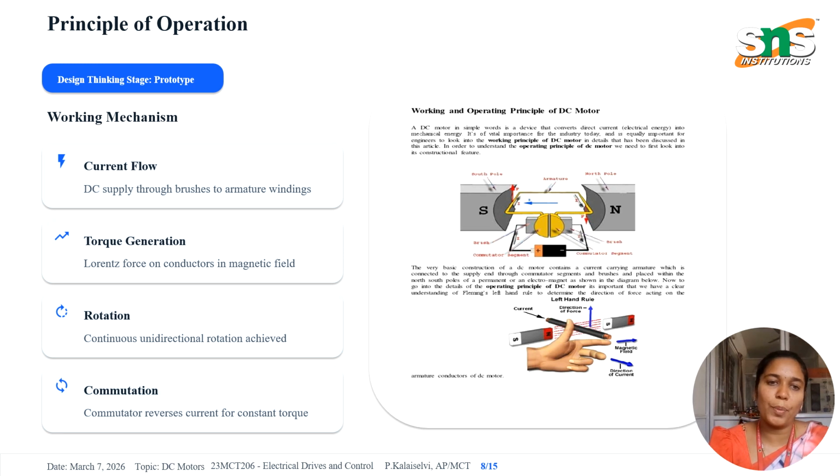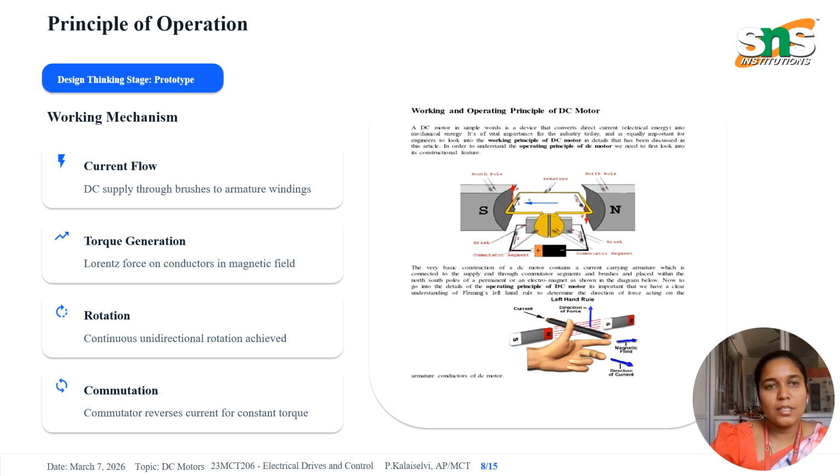Here is the principle of operation. The working principle of a DC motor is based on electromagnetic force. When a current carrying conductor is placed in a magnetic field, it experiences a force. This force causes the rotation of the armature. There are some simple steps involved.